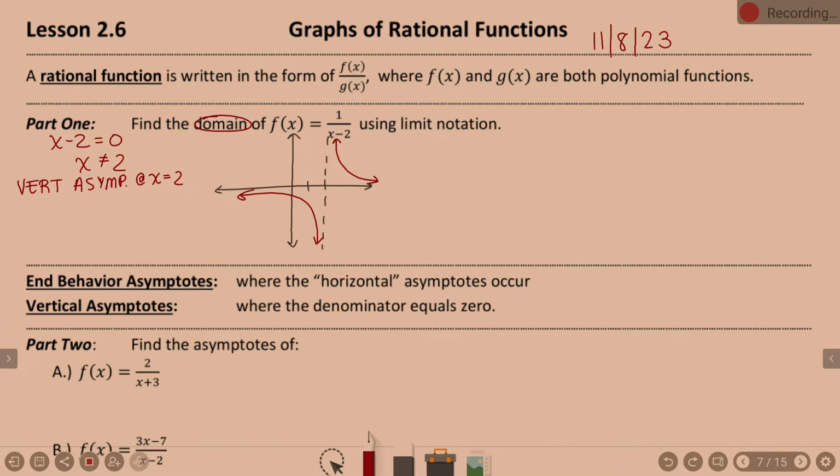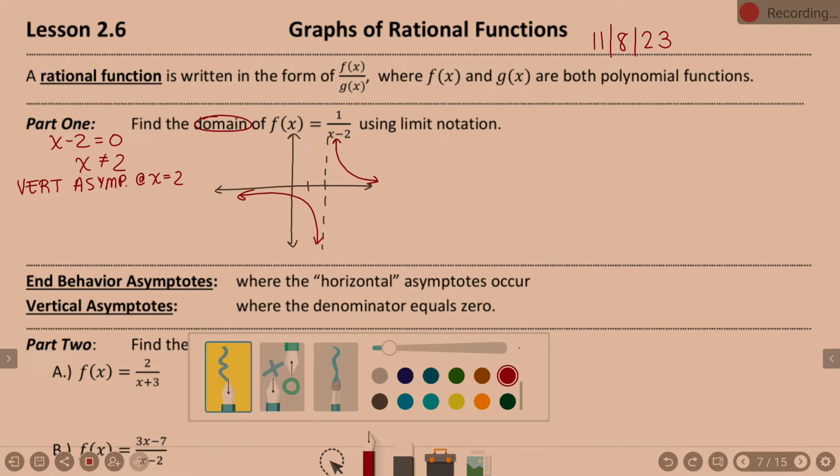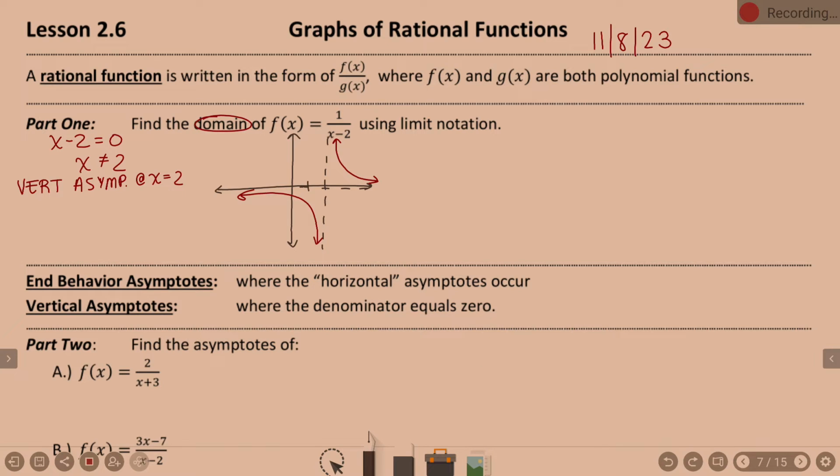I want you to have a picture of the graph before we go in and talk about this. I don't have it in here, but technically there's also a horizontal asymptote where? 0. There's a horizontal asymptote at 0. My graph doesn't cross over the axis there. When we talk about the domain using limit notation, we're asking, what is my graph doing?